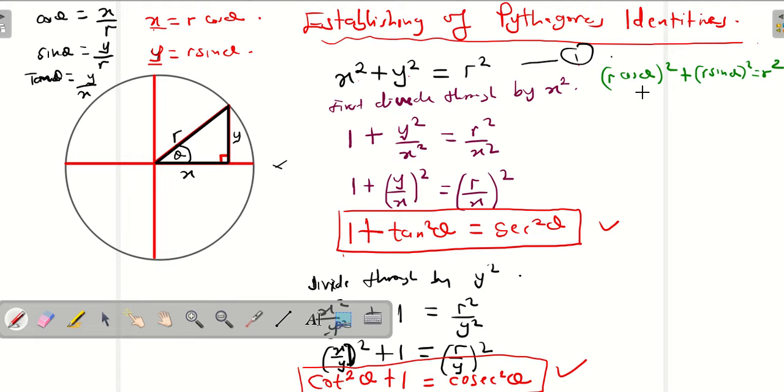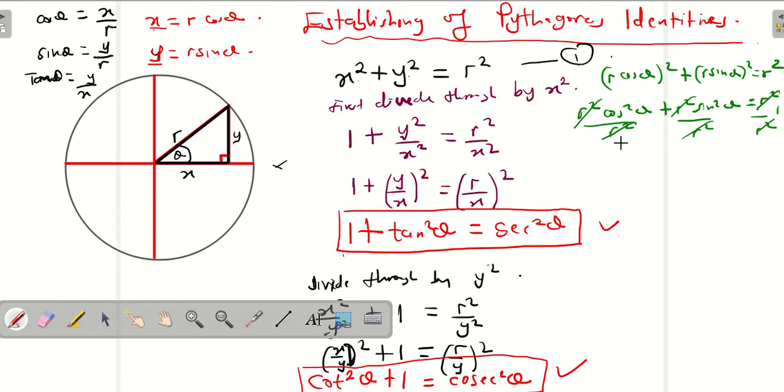So here we can do some simplification. This r will affect the square, so it's going to be r squared cos squared theta, plus r squared sine squared theta, all divided by r squared. Now we can divide through by r squared. Divide here by r squared, divide here by r squared, and this will cancel itself to 1.